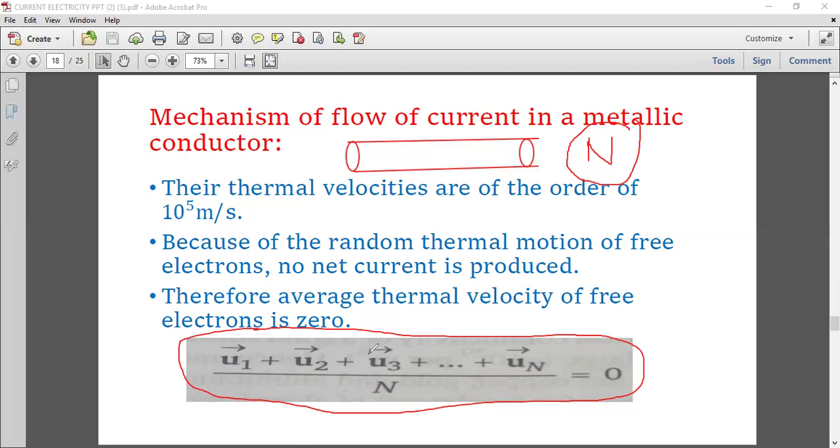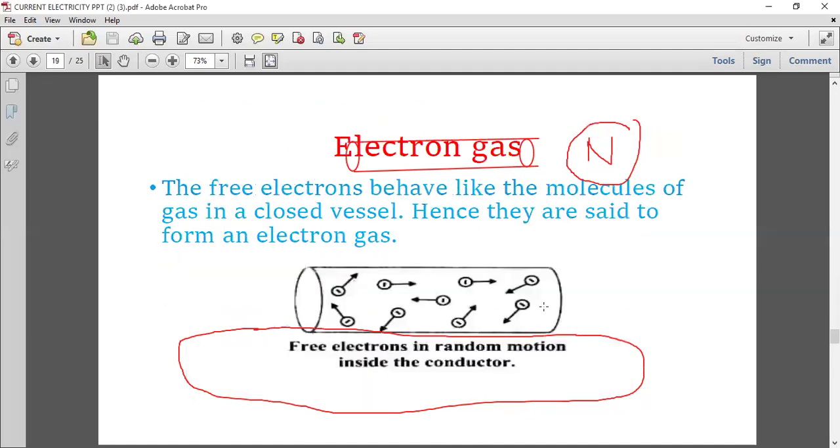So in order to find the average, we will divide by N. It will come out 0. ये 0 क्यों होगी? Because we already know that thermal motion does not constitute any electric current. Thermal motion of free electrons does not constitute any electric current means जो एवरेज थर्मल मोशन फ्री इलेक्ट्रॉन्स का है वो क्या है? 0 है.